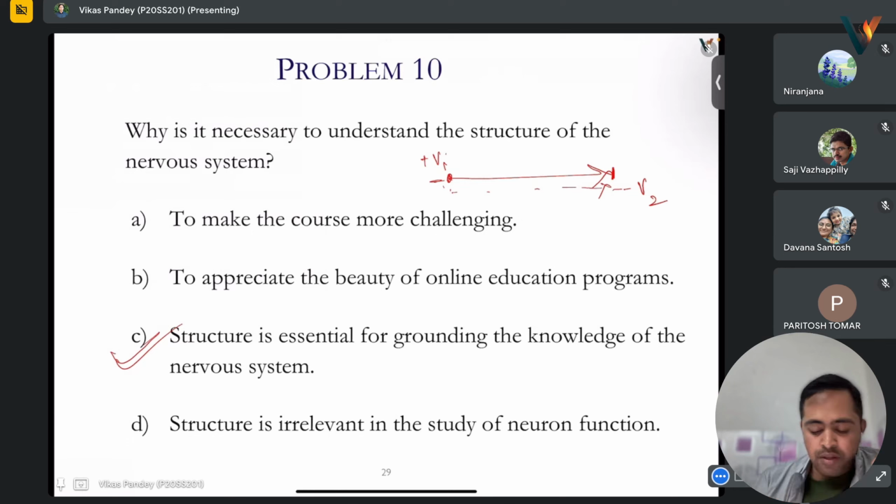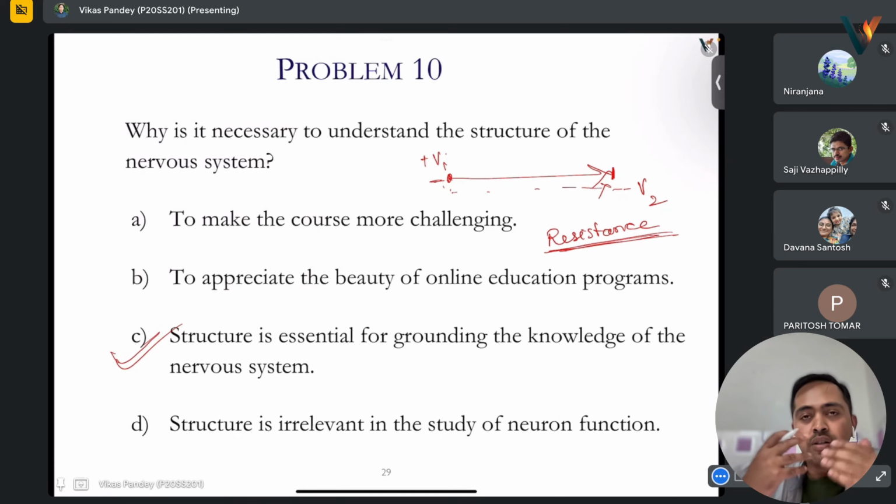First and the most basic is the resistance. I think you are already aware that it is a component that will resist the flow. If there is something that will not stop but just slow down the flow of electrons, that we call resistance. Then there is capacitance, which tends to get charged.